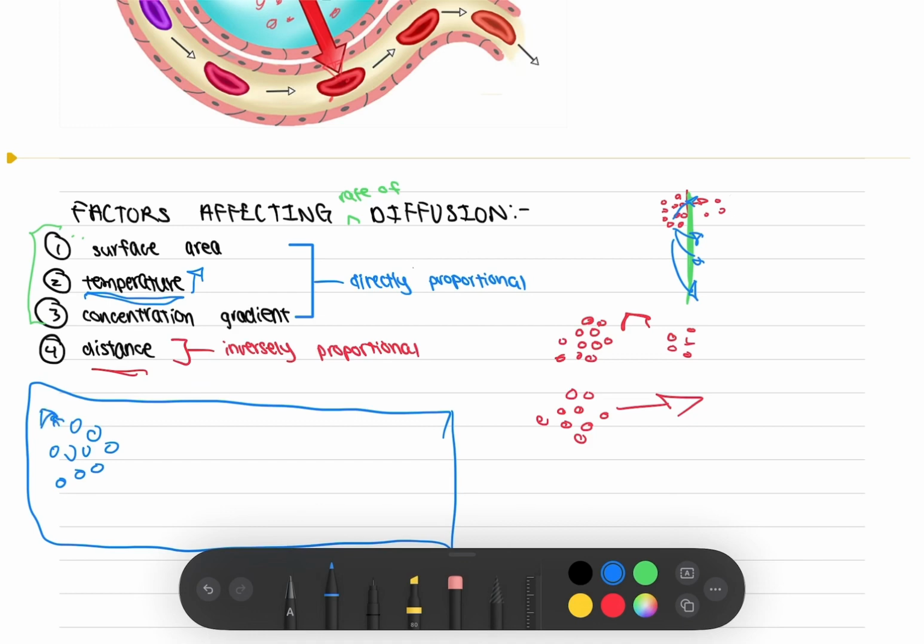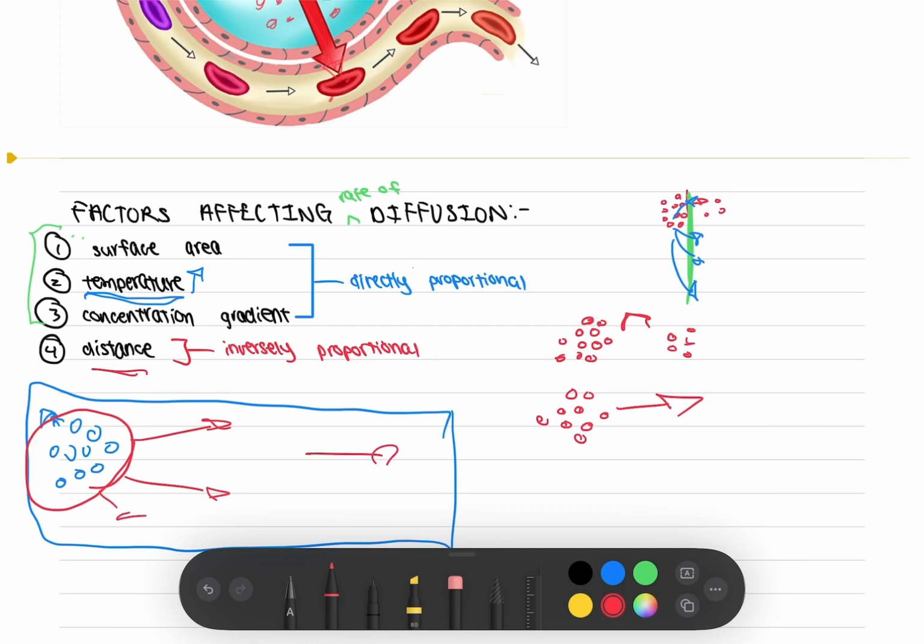This is the perfume, the particles of the perfume. Now, the perfume will have to diffuse all over the room, right? Because there's just a high concentration over here. So particles will go here, they will go here, they'll go here, they'll go here.